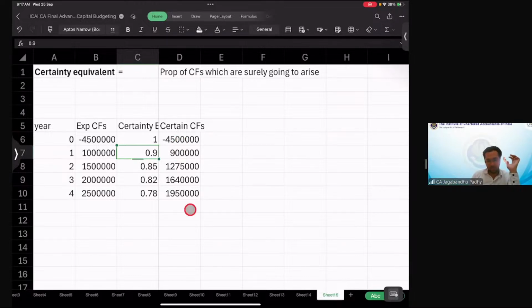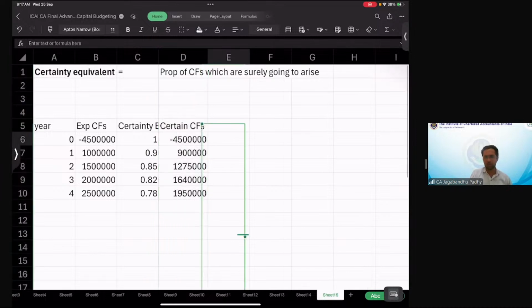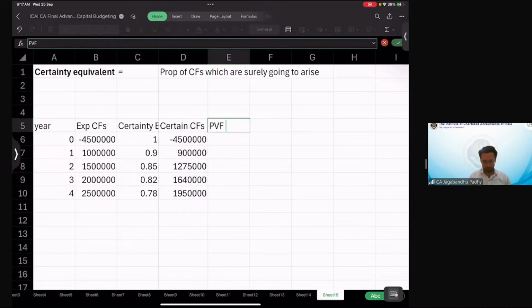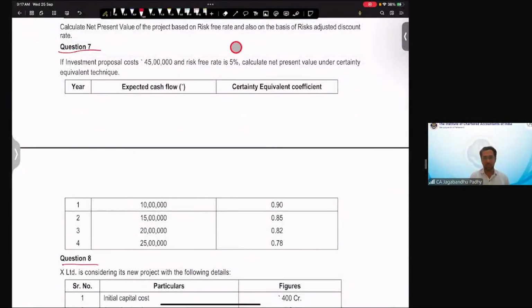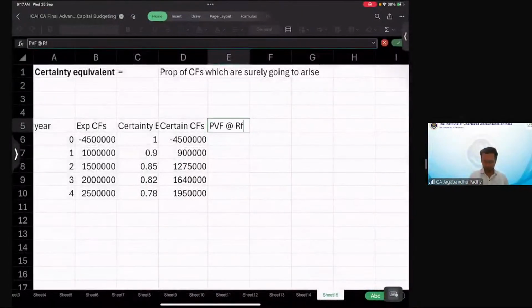So now tell me, if these cash flows are now sure, certain, 100% guaranteed, what should be the rate of discounting which I should use over here to discount the present value? What should be the present value factor calculated at? Should I use the risk adjusted discount rate now, or can we use the risk free rate? Because these cash flows are certain, we are going to discount them using the risk free rate. So risk free rate is 5% over here.